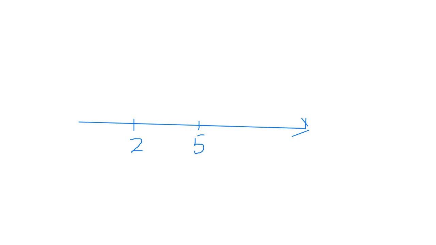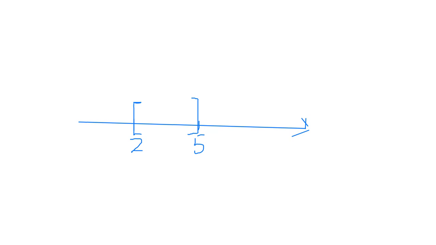So I'm only going to draw those numbers. So 2 to 5. How many numbers are in between? Infinitely many numbers, right? The infinitely many real numbers, because real numbers contain irrational numbers. There are many more irrational numbers than rational numbers. So from 2 to 5, infinitely many numbers.